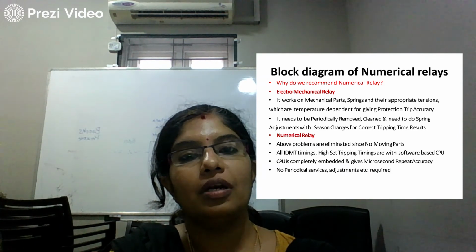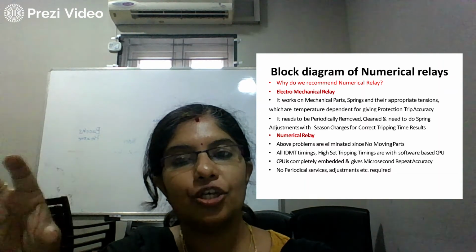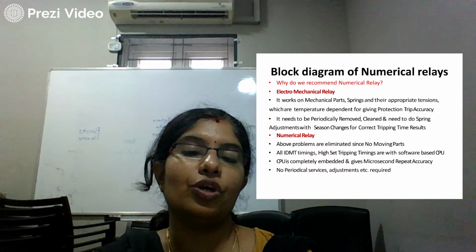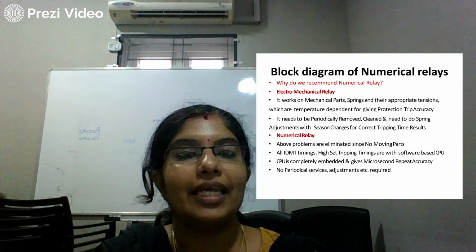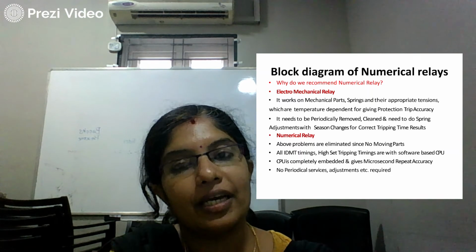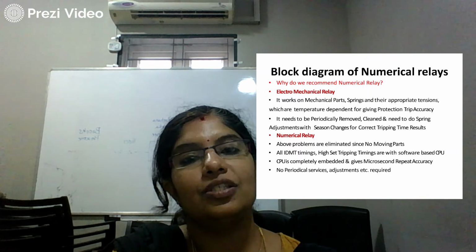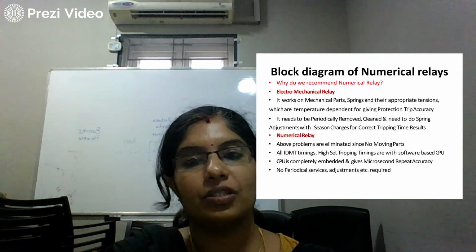Your faulty circuit should be isolated immediately. These actions cannot be faster in an electromechanical relay, but with a numerical relay they can be faster because of the processor speed.